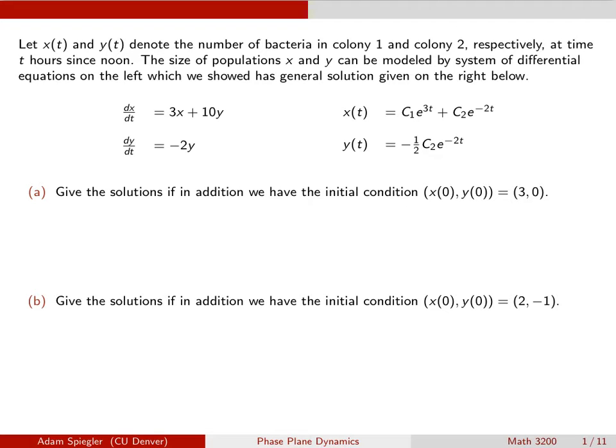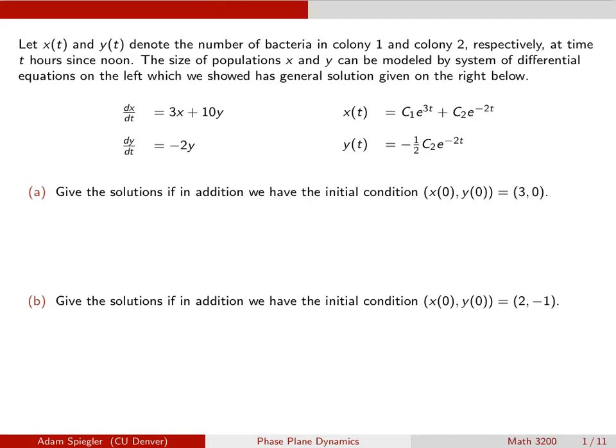And then by substituting what we know about the solutions of x and y into, say, one of these differential equations, we can then figure out how the coefficients depend on each other in the two general solutions. So last set of notes, we derived this general solution for this system of differential equations.